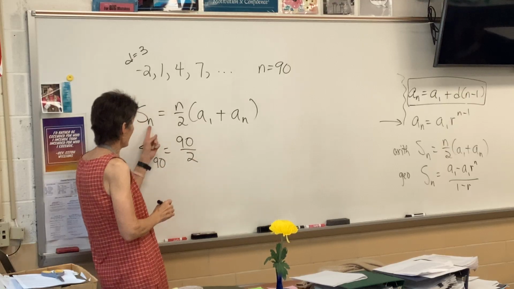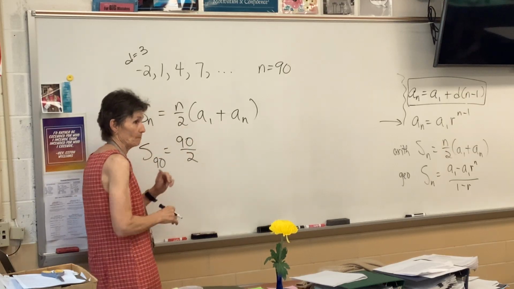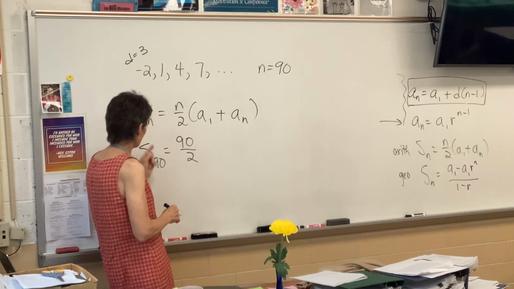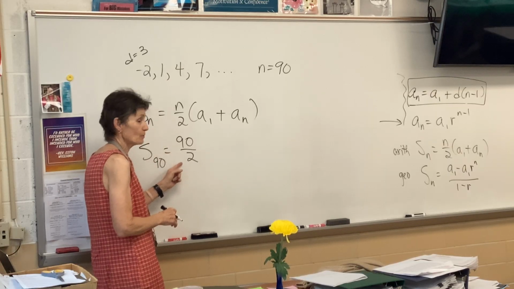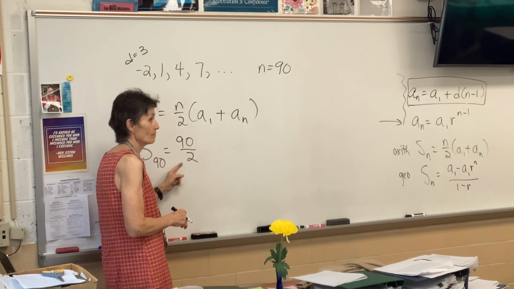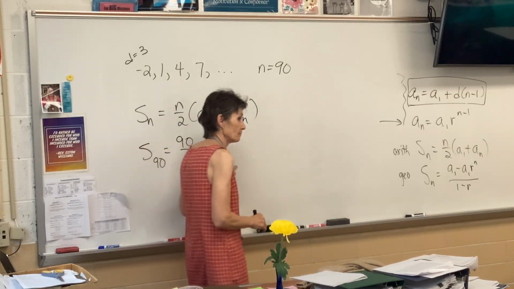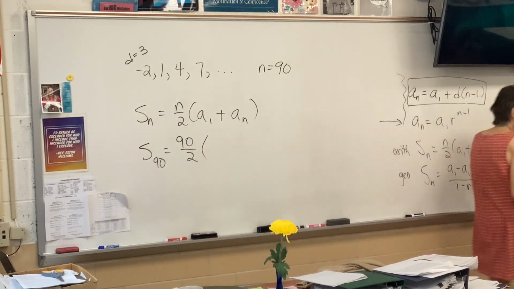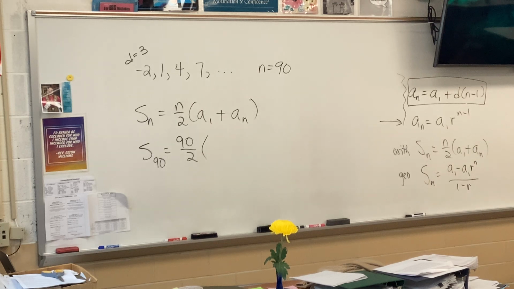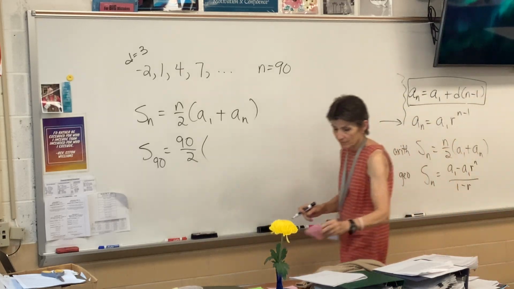So S sub 90 is 90 over 2 times, what's this? That is the first term, which is -2.